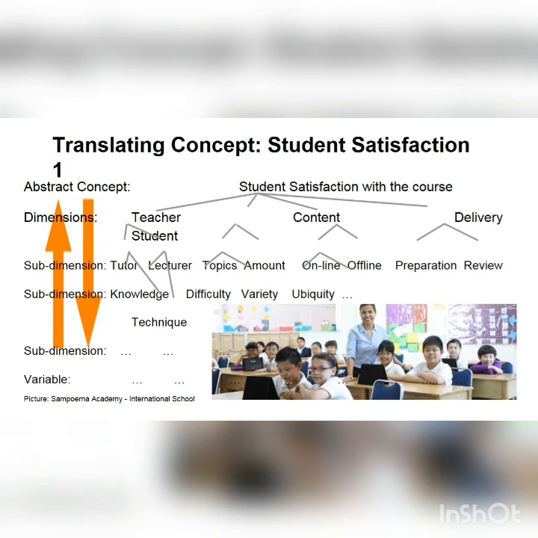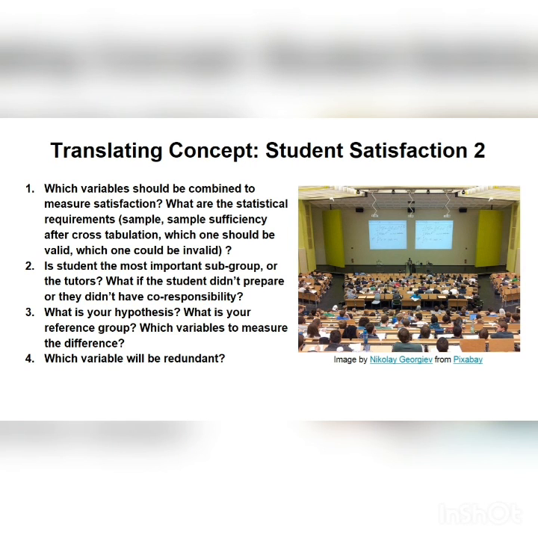That's why we have a library. Then, a set of variables should be defined as the main components of student satisfaction. Most of the time, we have to choose some variables and leave some others. There is no guarantee that the chosen variables will reflect student satisfaction after we run the survey and calculate the results. So here is the list of questions that you should ask.